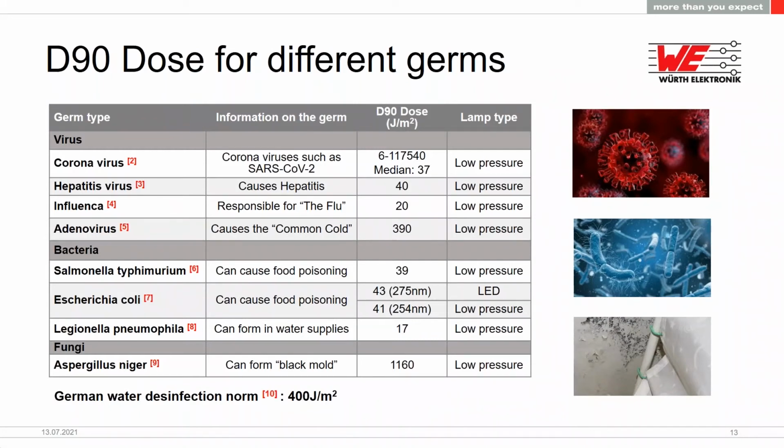But there's this German water disinfection norm that gives you a value of 400 joules per square meter for safe drinking water disinfection. So this could be a value to work with. So in the future, I'm going to work with those 400 joules per square meter and also the 37 joules per square meter for corona inactivation.